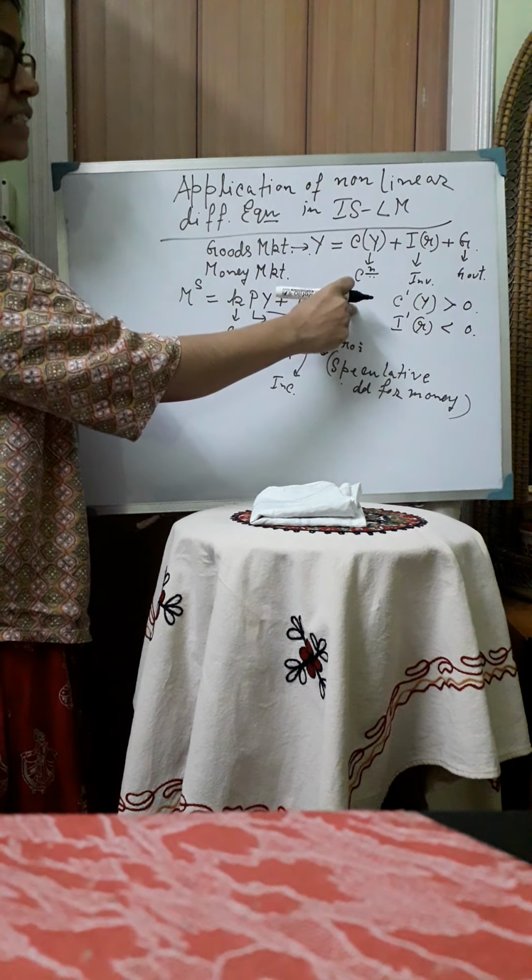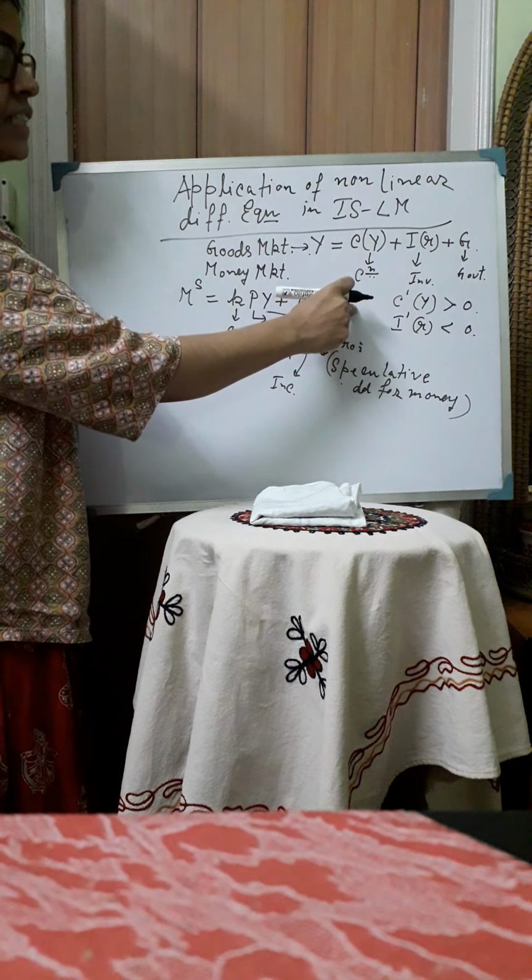So if we don't want to take that risk, then we will not speculate, we will keep that money in the bank. So in that case, the speculative demand for money will fall.